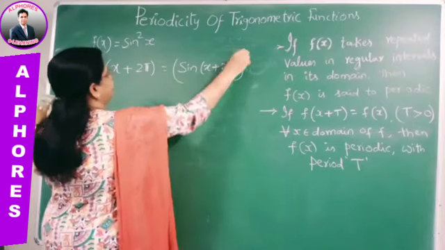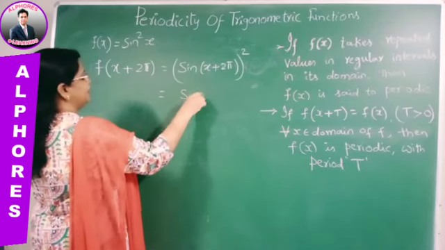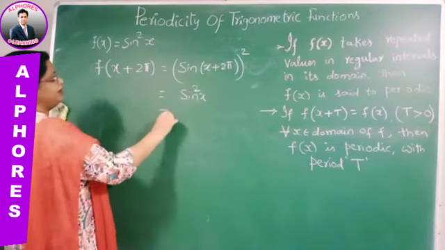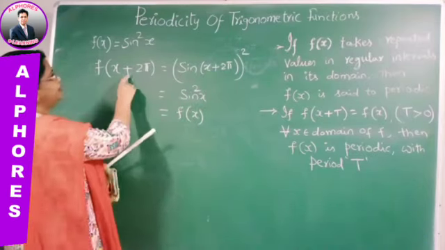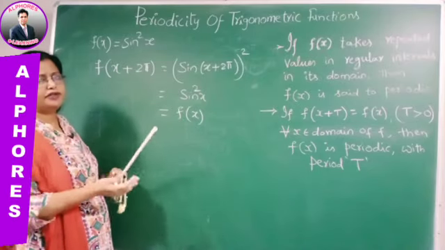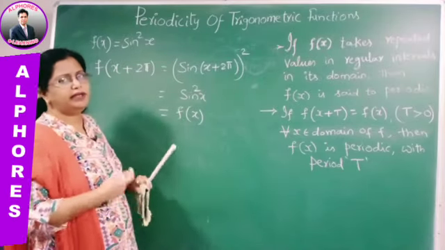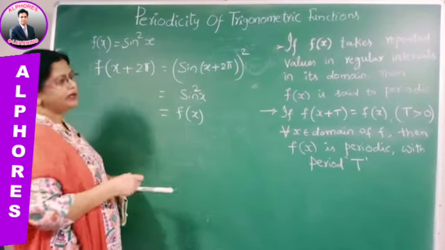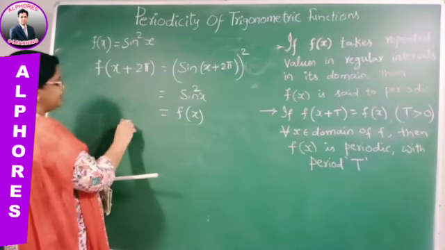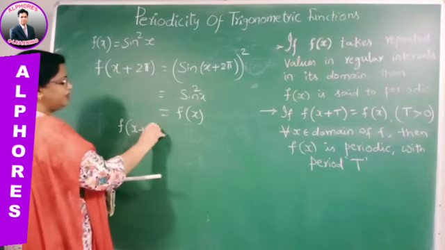That means it is sine x whole square, so you got how much this value? It is again f of x. So immediately you shouldn't decide 2 pi is the fundamental period. Since square is there, even power, I want to take still the least possible value, that is pi.